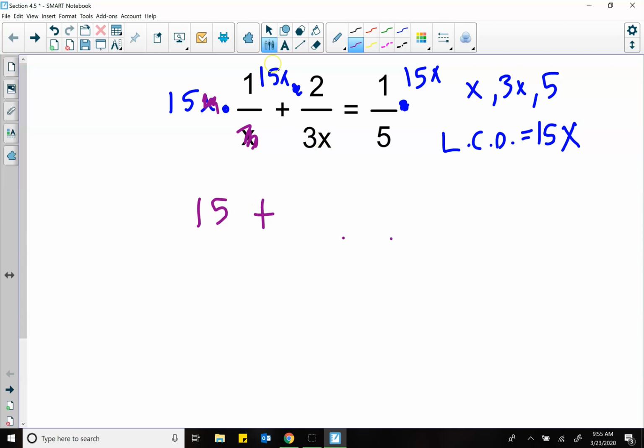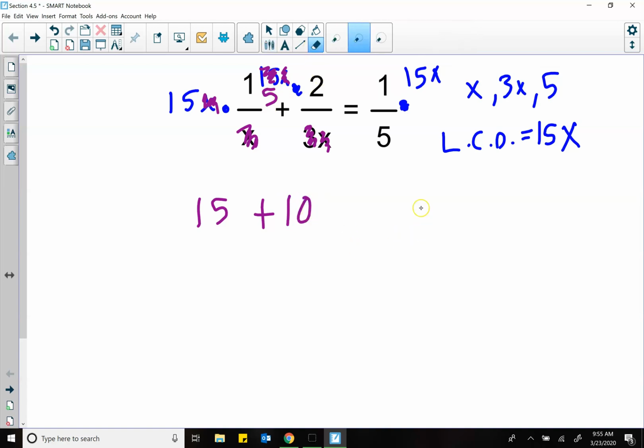Plus, so what's going to happen between these two? Well, this x and that x are going to cancel, and the 15 and the 3, there'll be some reducing from there. The 3 goes away, and then the 15 becomes a 5. So what's 5 times 2? 10.